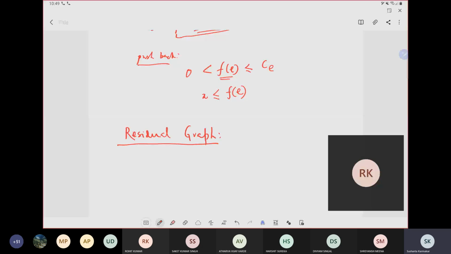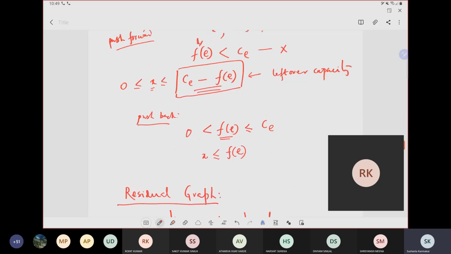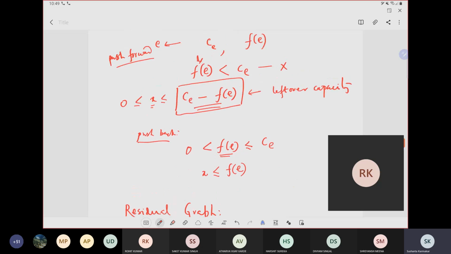You can think of it as a data structure needed to solve the max flow problem. Data structure means it's a storage of data that I will use. And I will create that data structure based on this push forward and push backward concept.